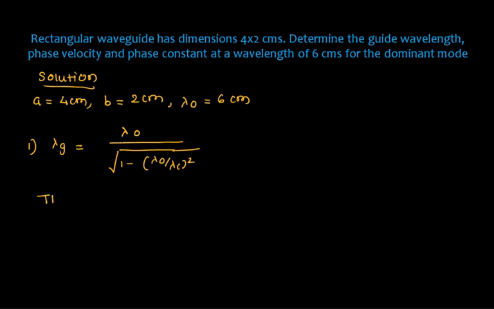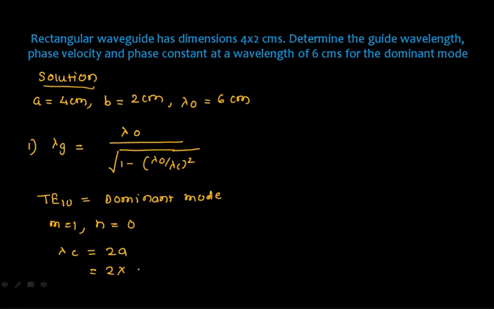So let us take TE10 as the dominant mode. This means that M is equal to 1 and N is equal to 0. For this mode, we have previously seen that lambda C is twice of A. So it is 2 into 4, which is 8 centimeters. So I have got lambda C here.